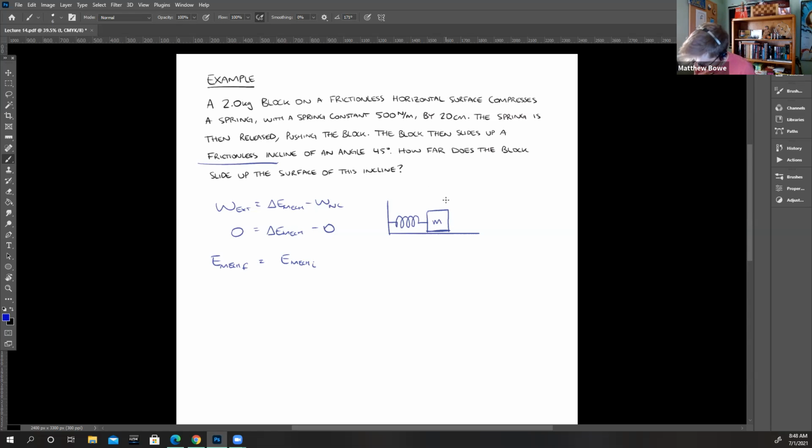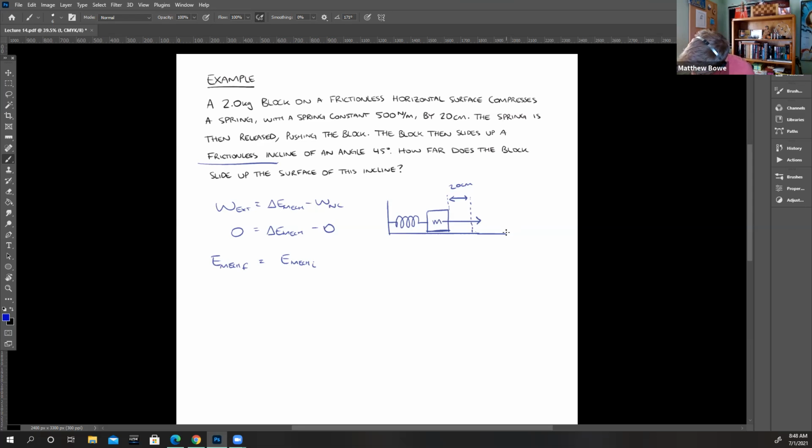And the spring is currently compressed a certain amount, 20 centimeters. As the spring is released, the block is going to be pushed. So I expect the block to be pushed all the way up to this equilibrium point and then beyond. It's just going to slide on this frictionless surface.